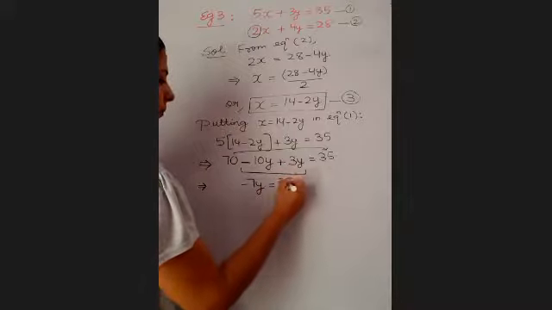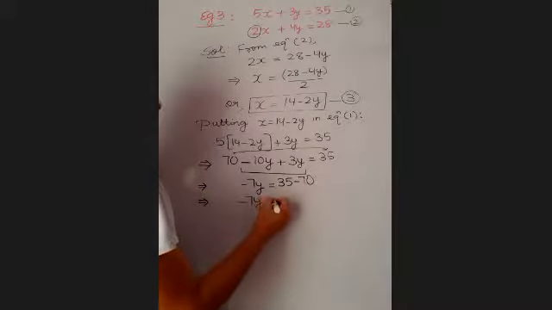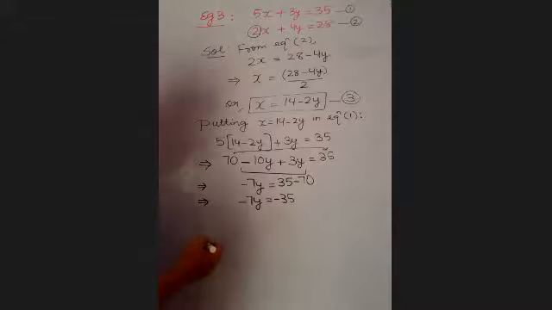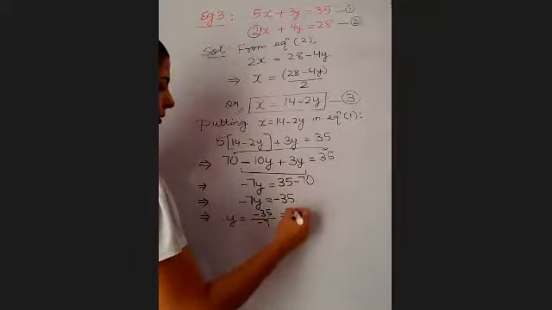Now what is 35 minus 70? Minus 35. Which means y is equal to minus 35 upon minus 7, which is 5.